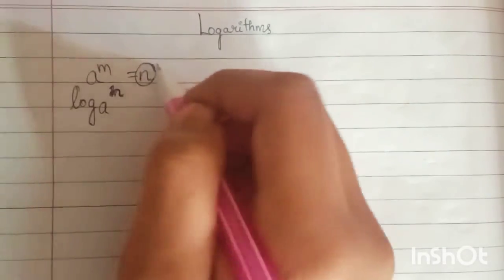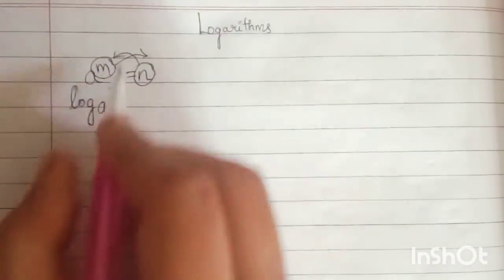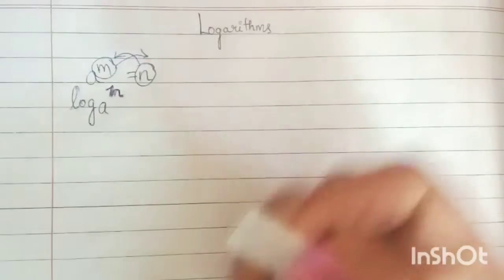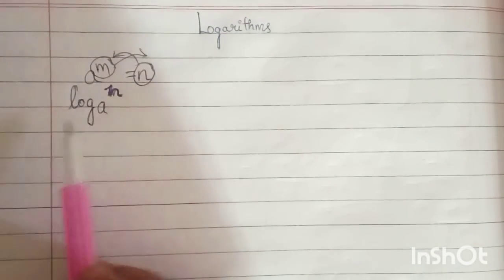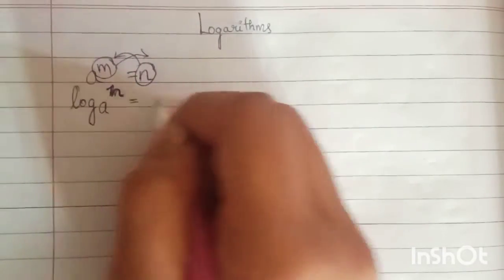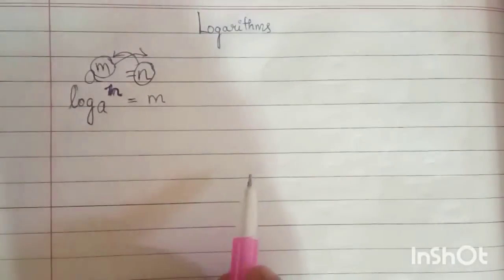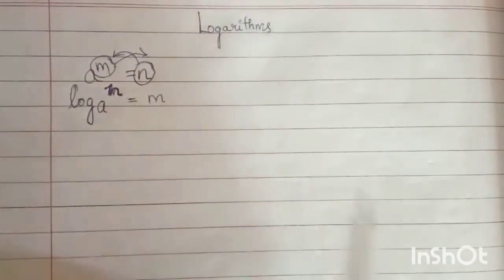I am bringing this side, and this must be this side. When I write in logarithmic function, I only interchange the positions of the power.